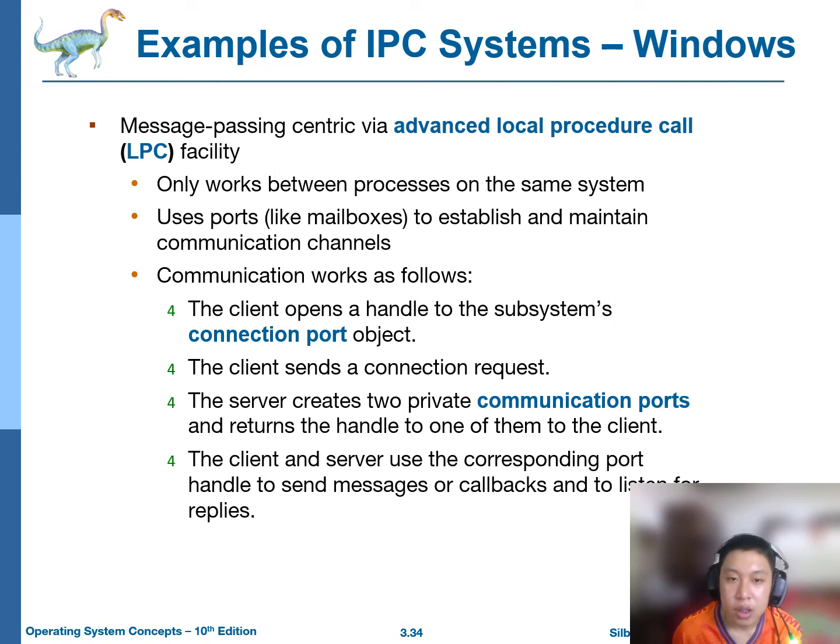The server creates two private communication ports and returns the handle to one of them to the client. The client and server use the corresponding port handles to send messages or callbacks and to listen for replies.